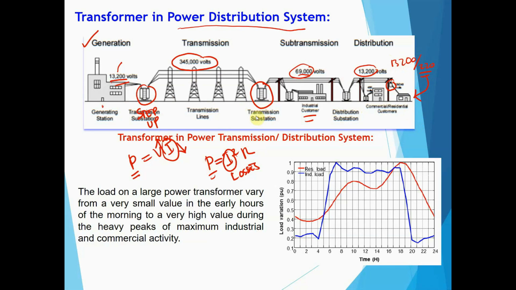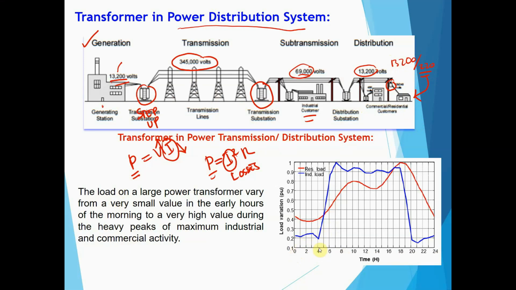However, from the point of view of power distribution, they analyze the loads at different times every day. Say for example, from 12 midnight up to 4 a.m., the load is very low, right?